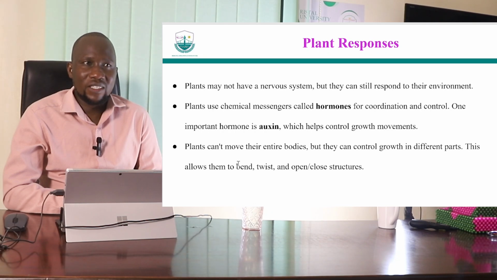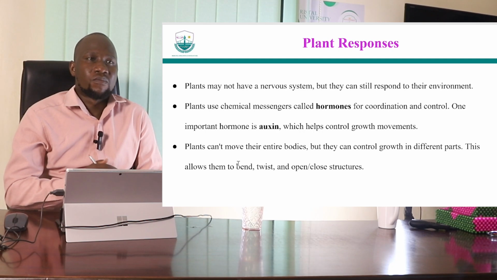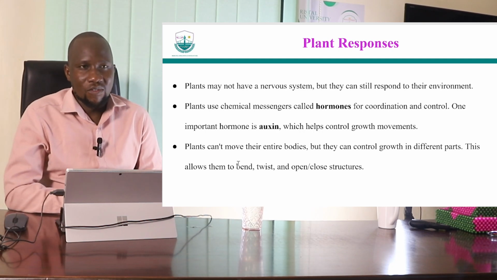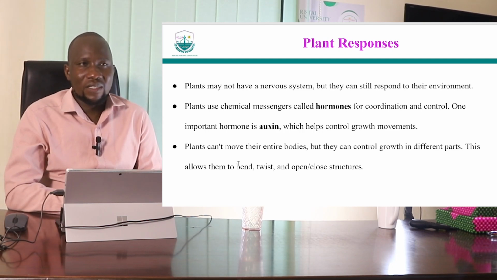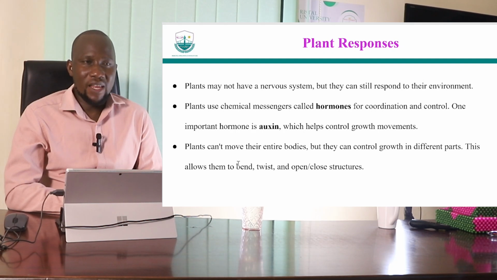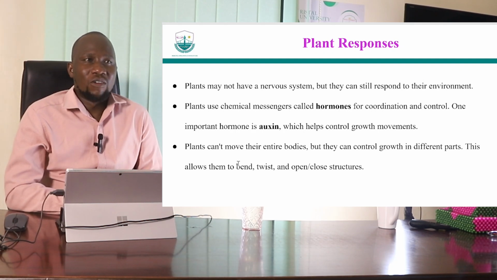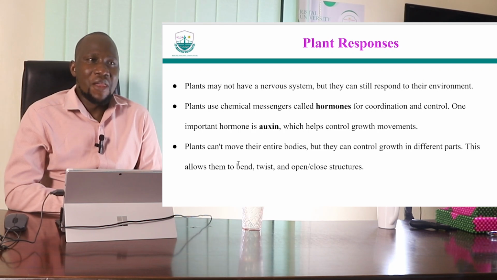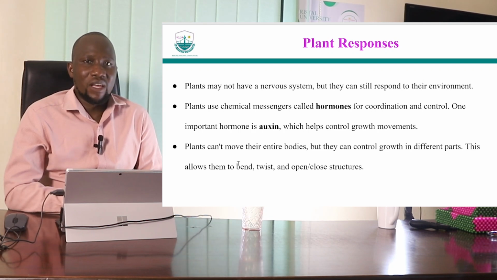They are the auxins that control the growth of plants. So plants respond mainly through growth responses, and the growth responses are controlled by plant hormones, and the most important in this case that we're looking at are the auxins.